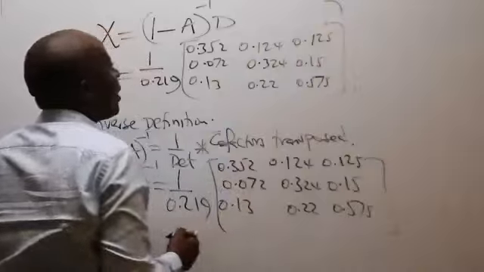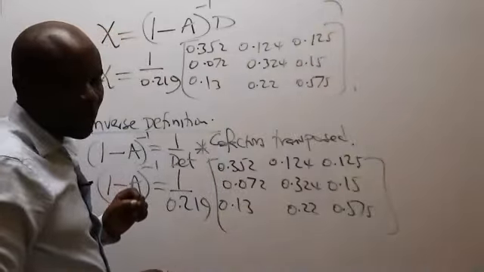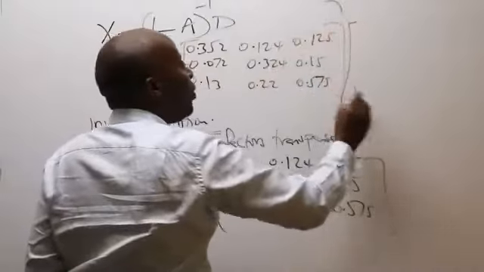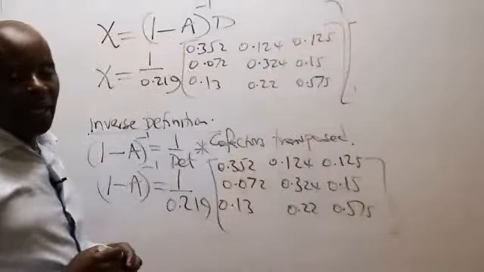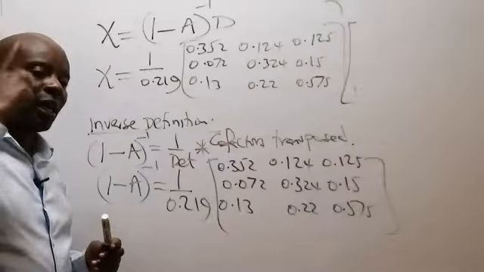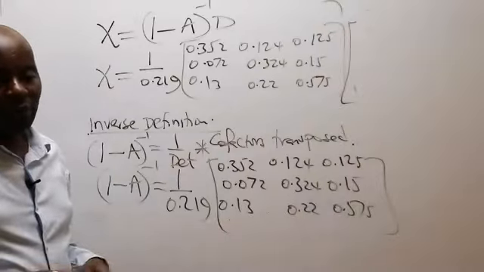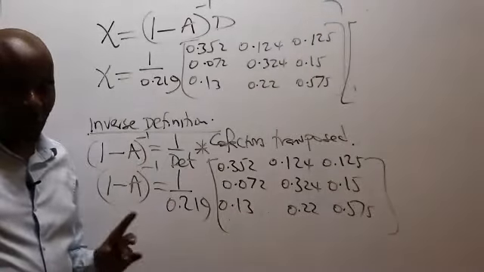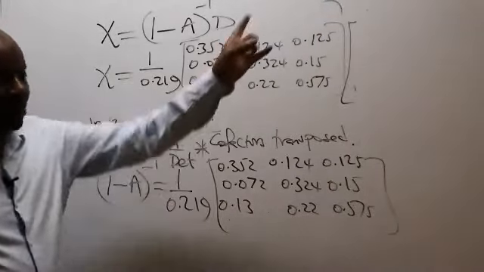This is multiplied by our matrix D, the one that we gave you when we started the question, which you don't have now on the board. I deleted mine long time ago. So I would expect a good student to give me this matrix D.